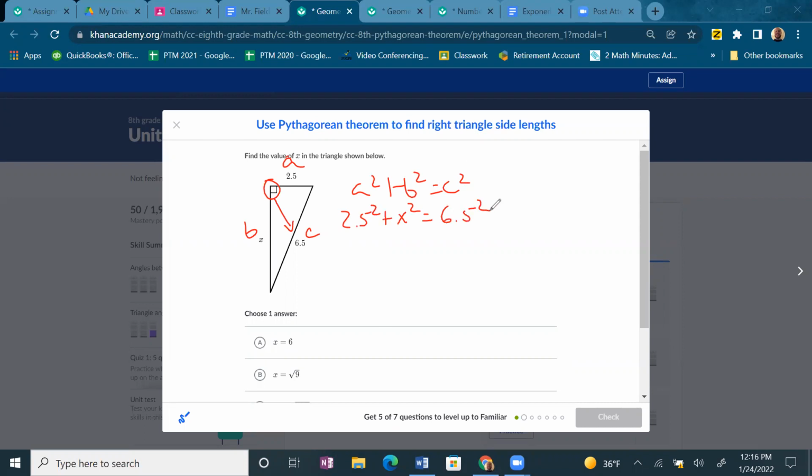You can use a calculator. 2.5 squared is 6.25. Bring down the x squared. 6.5 squared is 42.25.